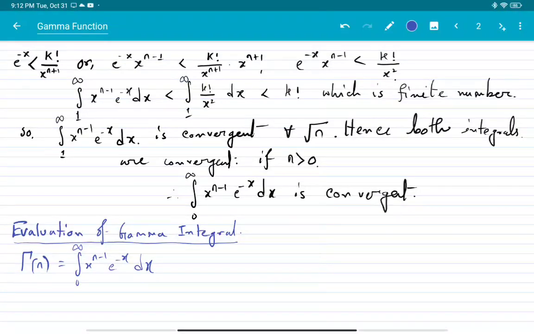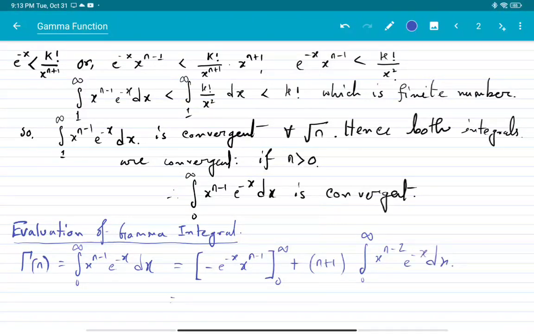So we'll solve by applying integration by parts, and we'll keep x to the power n minus 1 as the first function. So it will be minus e to the power minus x times x to the power n minus 1, with limits 0 to infinity, plus n minus 1 times the integral from 0 to infinity of x to the power n minus 2 e to the power minus x dx.